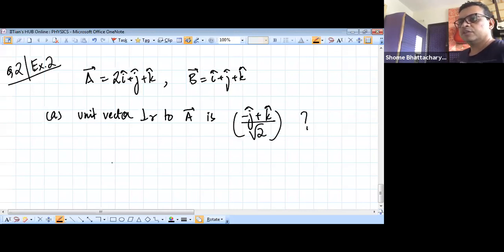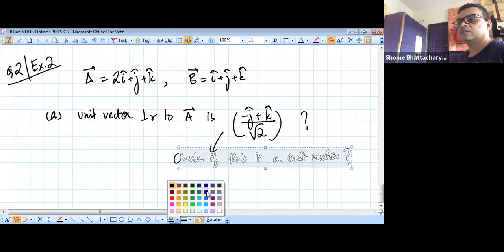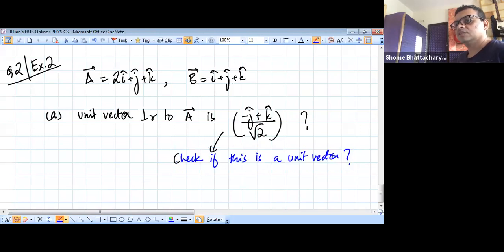The first thing we have to check here is whether this is a unit vector, because it may not be a unit vector. So is this a unit vector?